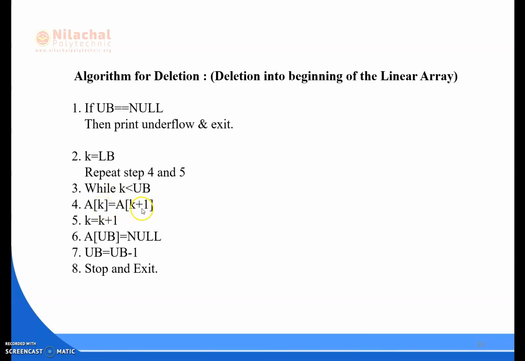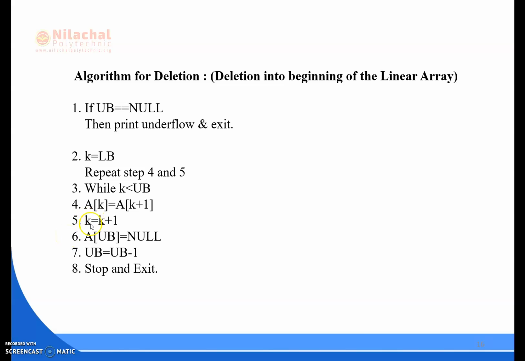So if we have an element in a of k plus 1 position, it will be assigned to its previous location, that is a of k. In this way, the very first element will be deleted, as the first element position gets its second element's value.